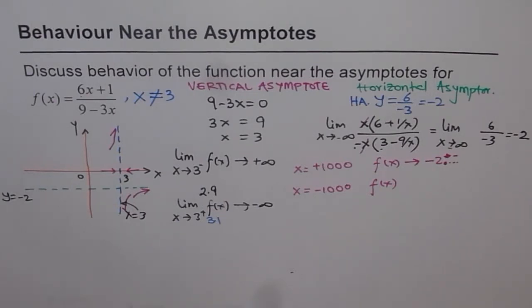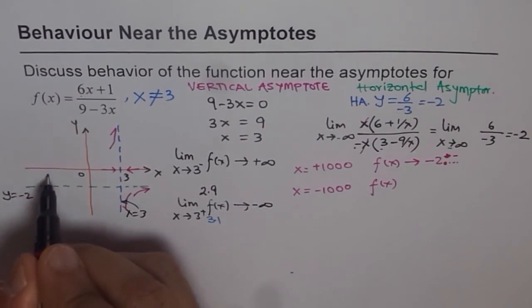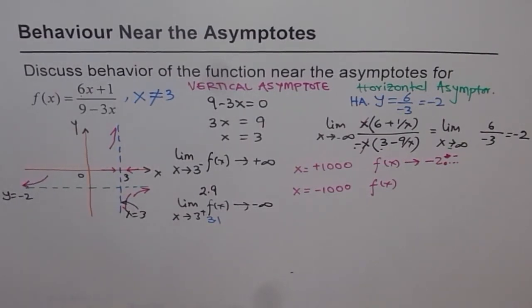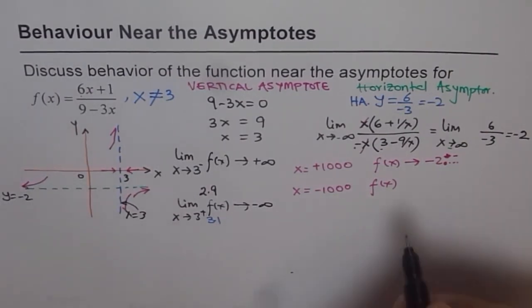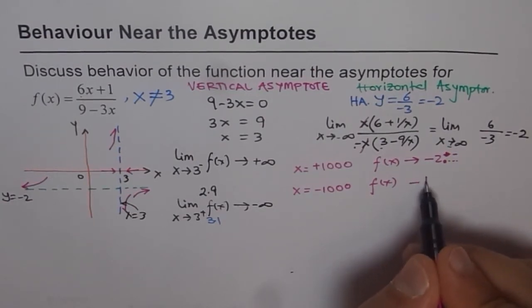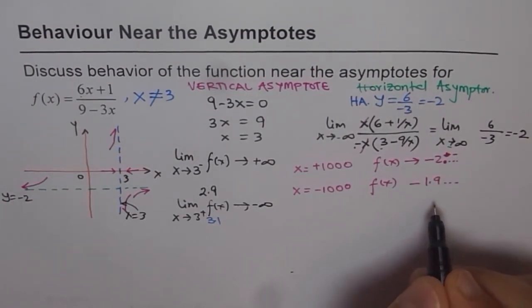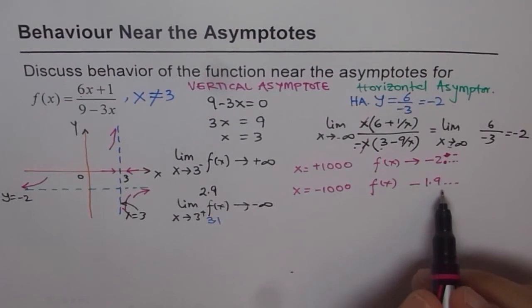That's a positive quantity, which gives me a negative number less than 2. Do you see? In this case, we are approaching from the top. We get something like minus 1.999 something.